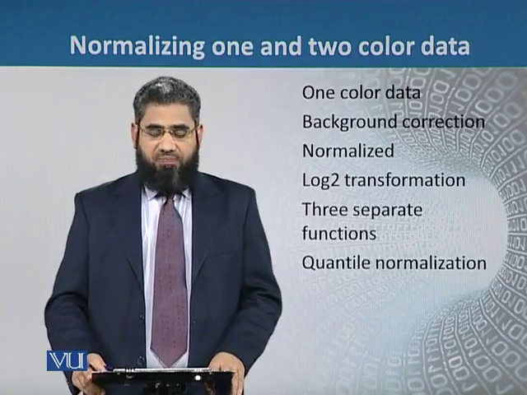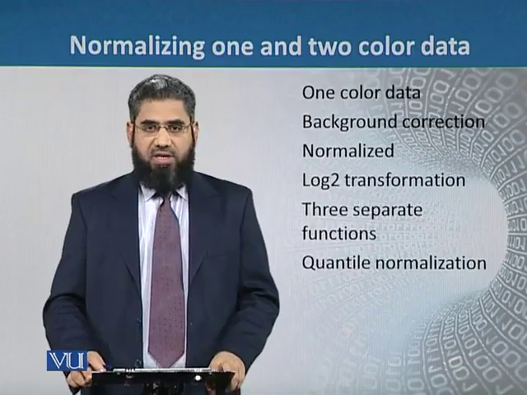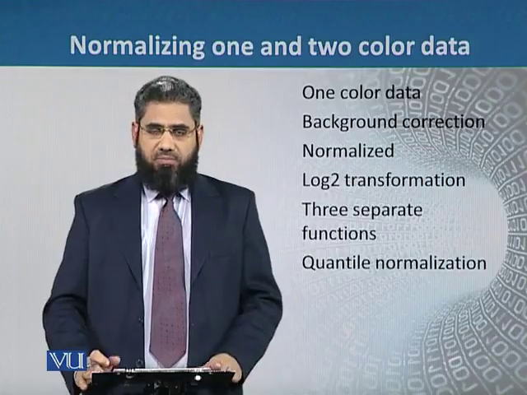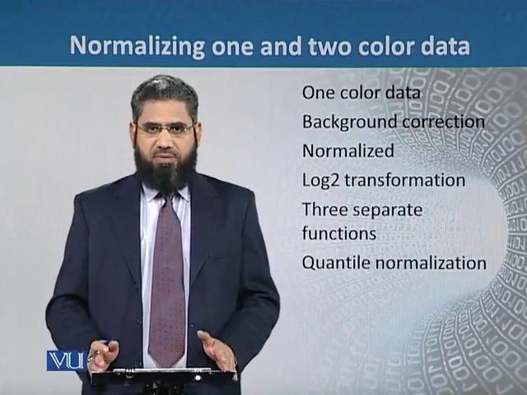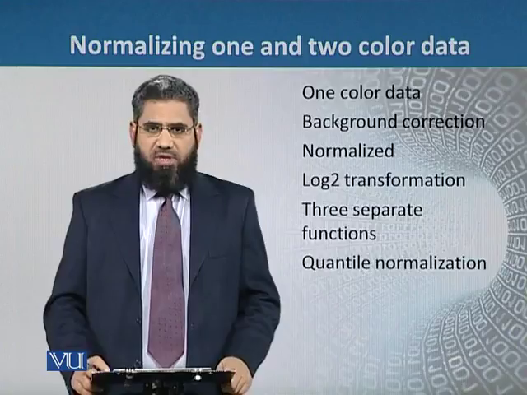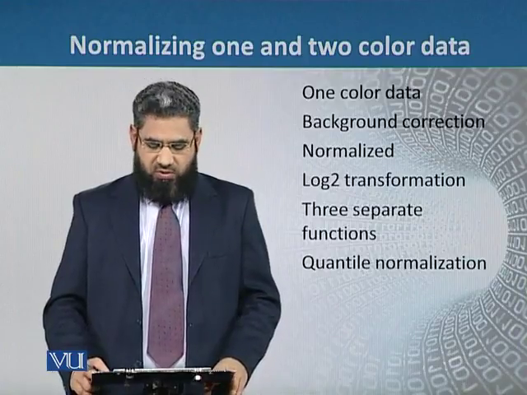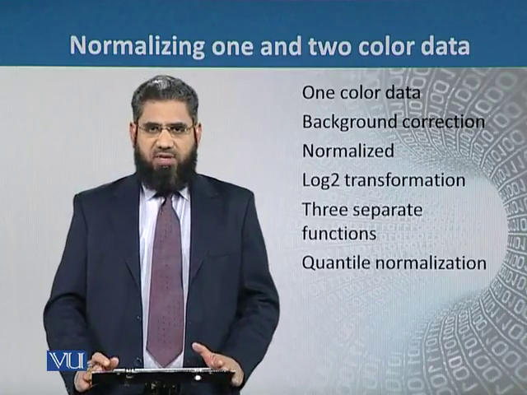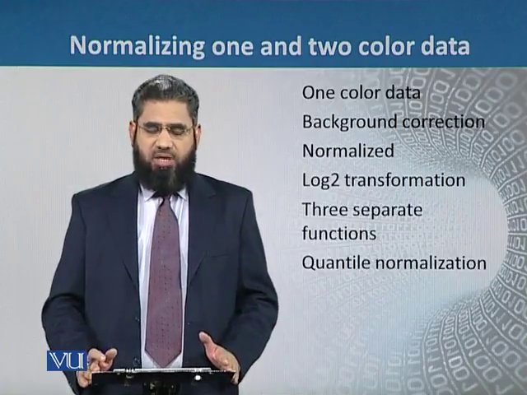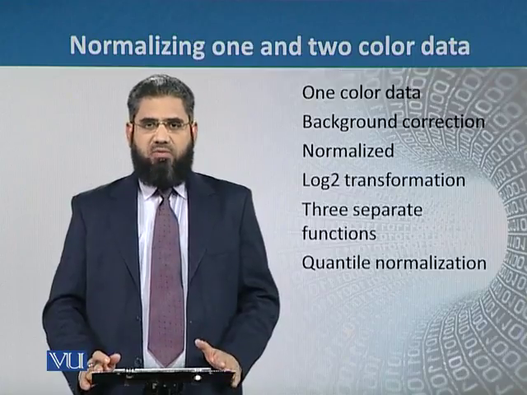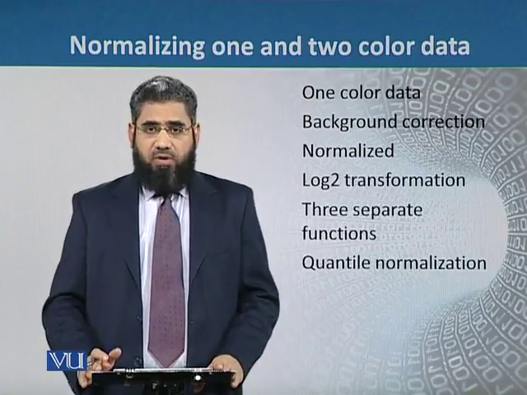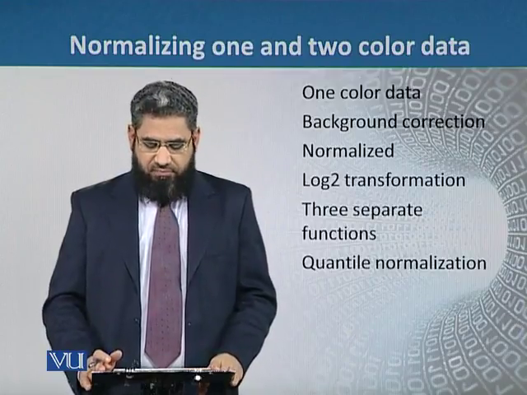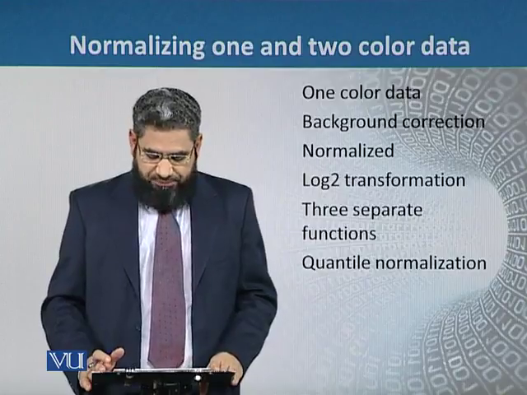For this process, we need to take the raw data, and after background correction we will do the normalization, and then after normalization we have to convert the data into log2 transformation. So in the 1 color Agilent data, we have to do 3 separate functions one by one: background correction, normalization, and the log2 transformation.